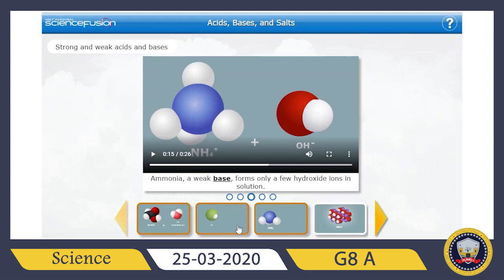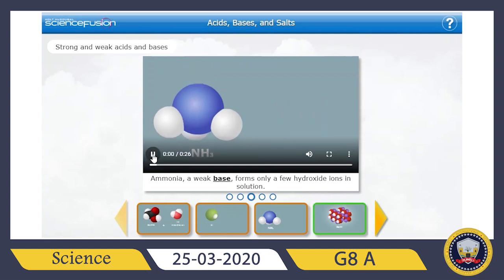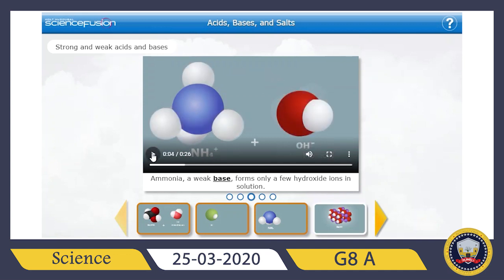So basically in weak bases we don't even see the hydroxide ion inside the formula, okay? See the beginning, NH3, we can't even see the hydroxide ion here. It is taking one hydrogen from the water, turning this water molecule into hydroxide.